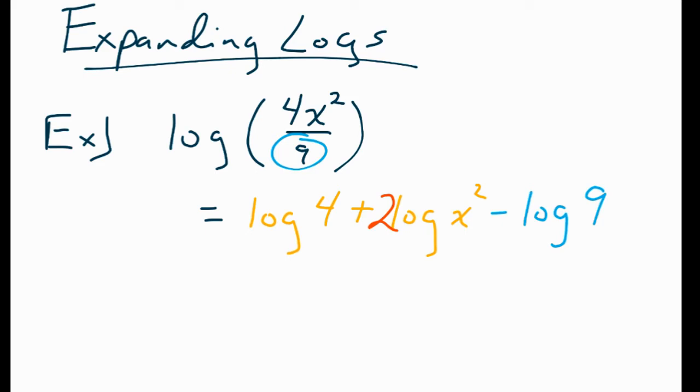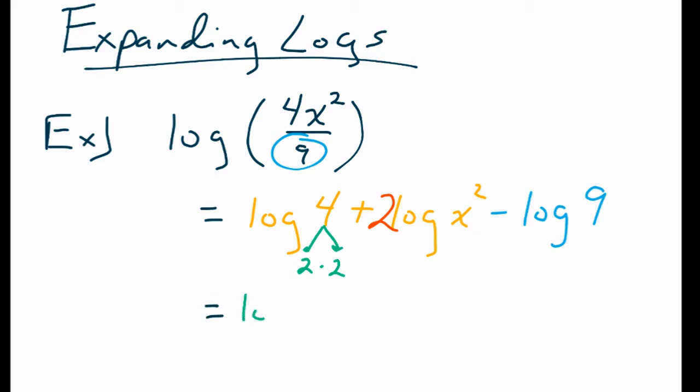Now, we definitely have expanded this into three logs, but we haven't expanded it into its lowest terms. You say, well, what do you mean? Well, what I mean is that you can break the number 4 down into two smaller numbers, basically its prime factors that multiply to be 4. Now, why would I want to do that? Well, because whenever you have multiplication, you can turn it into addition.